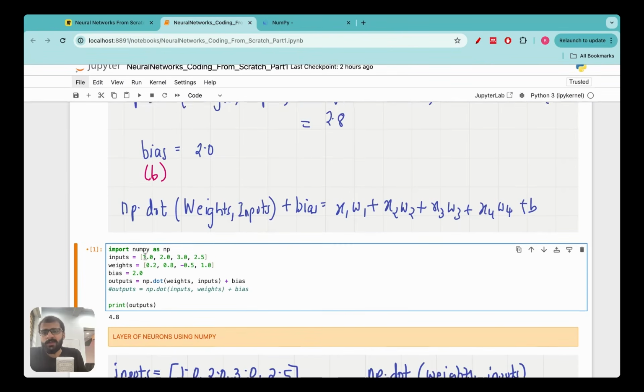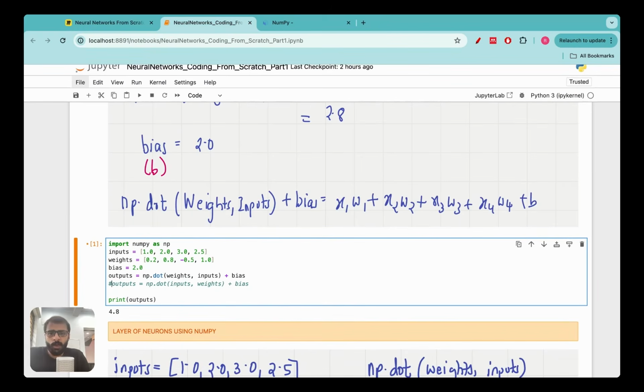So as you can see, we have written the code for the neuron output in Python, and it's much simplified using numpy. It is as simple as that to write this particular code. Now even if you have a huge number of inputs, and even if weights are also increased by a huge number, this same output command will hold. You don't have to write it explicitly every single time.